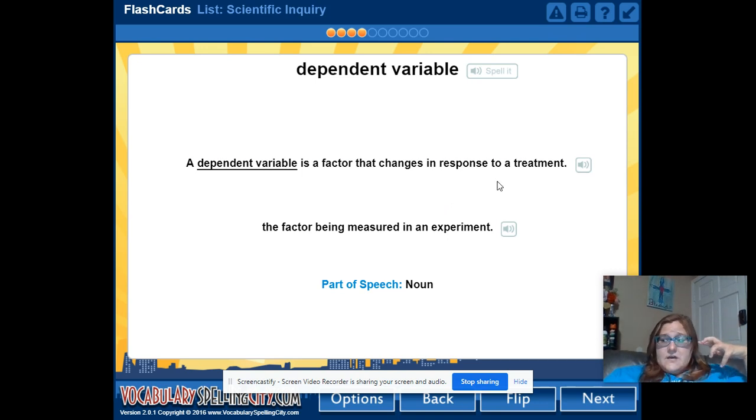So if the soda is helping the flower grow the best, then you're like, what's in the soda that's not in everything else that's making the flower grow? All right, so the dependent variable is what we're measuring. So for our experiments, how high would the flowers grow?